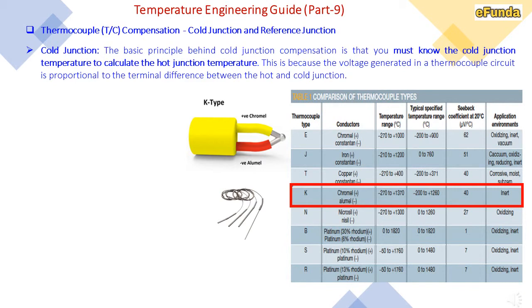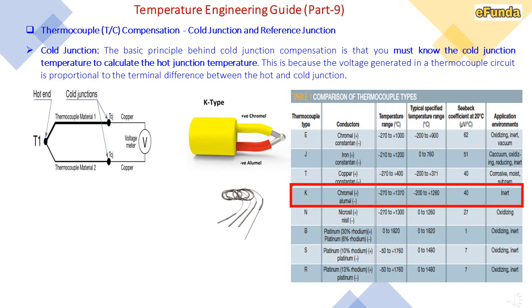One can see in the figure where T1 is the hot end and TCG is the cold junction compensation, that is, the cold junctions are provided where thermocouple materials 1 and 2 are defined and the voltmeter is connected. To get the cold junction compensation, one should know the exact value of this junction temperature.